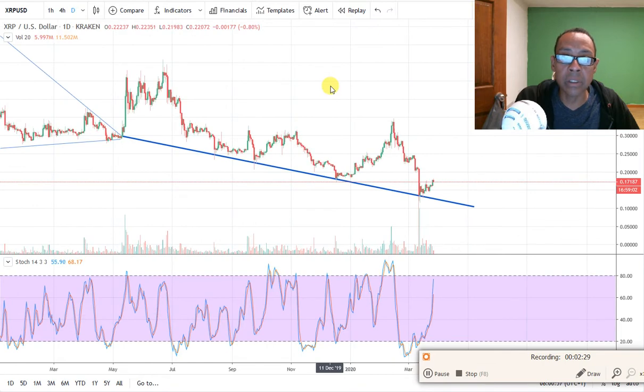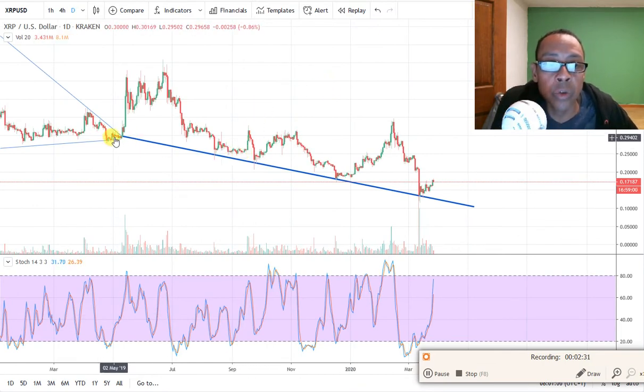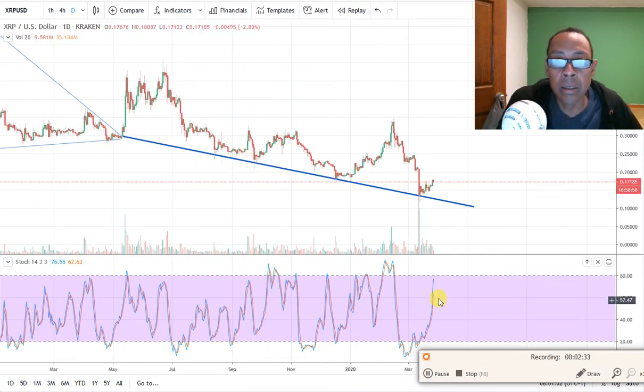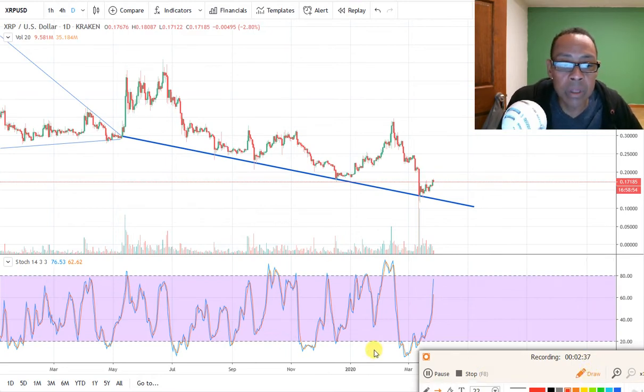Bouncing around and returning to a descending baseline. Now, notice here that each time the stochastic peaked, it was returning us to a lower price, and that's really just not so hot of an indication.